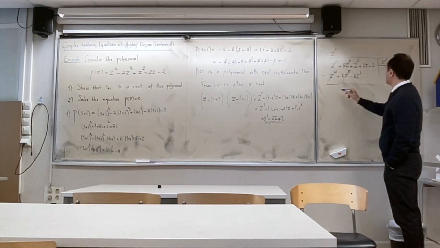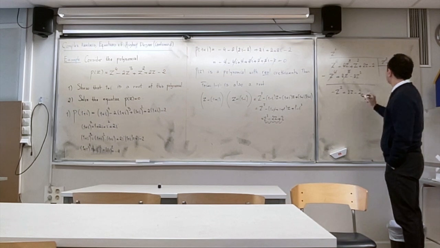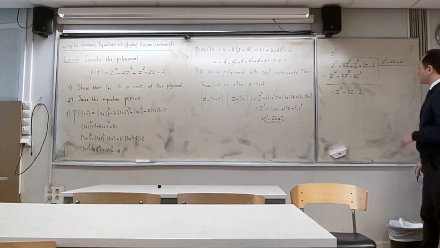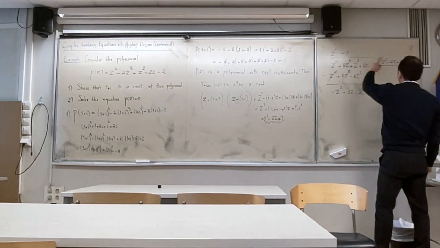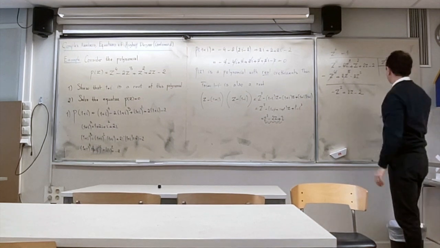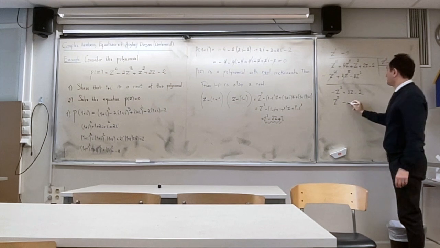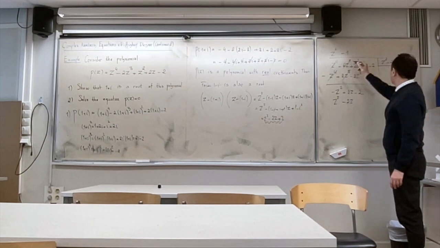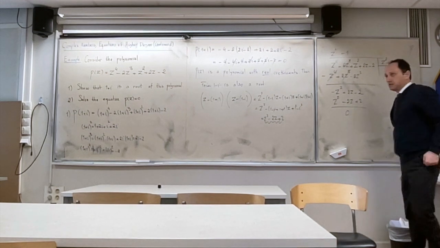But then this one with that one becomes minus z squared plus 2z minus 2. Oh, it was much simpler than I thought. There's one more step, yes? You divide this by that, it becomes minus 1. You multiply minus back here and then change the sign. So minus z squared, you write z squared, plus 2z, you write minus 2z, minus 2, you write plus 2. And as we expected, the remainder is 0.